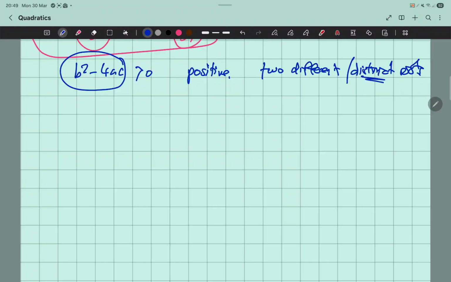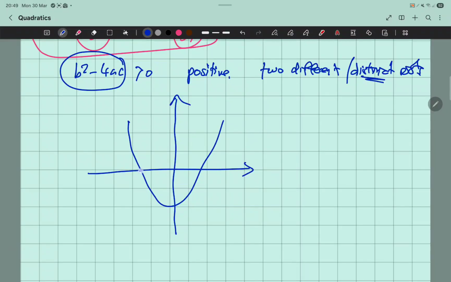So what it means is, like I said, a root is a point where our curve intersects with the x-axis.